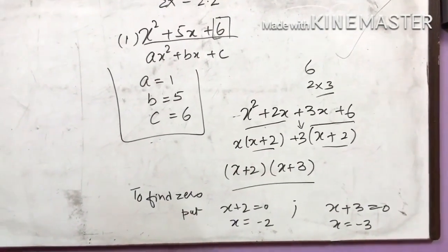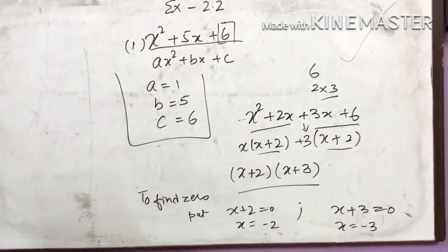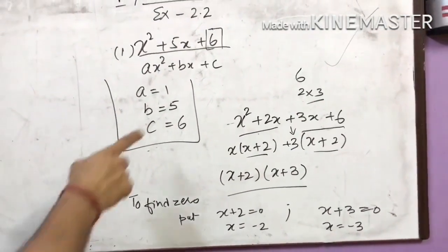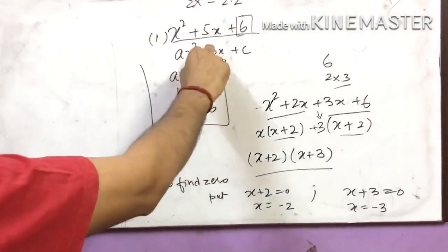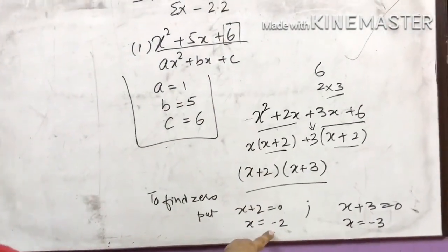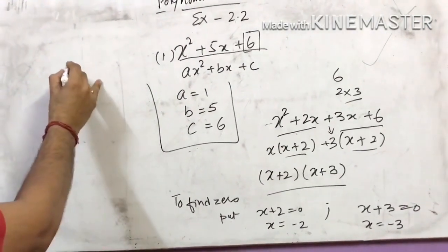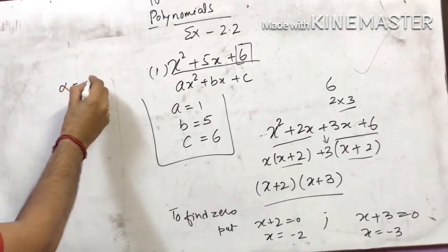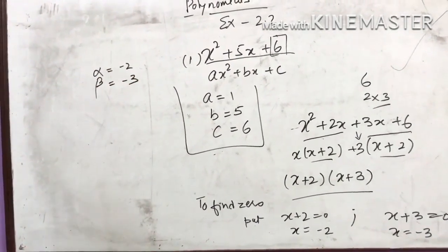So now we have to find the relationship between these roots or zeros of the quadratic equation. Here you can see you have a, b, c values by comparing these two equations, and here you can see you have two zeros. Suppose one zero you take alpha as minus 2, another you take beta as minus 3.